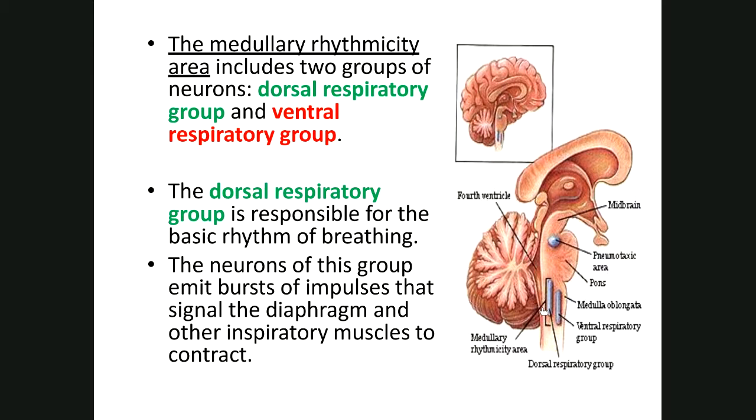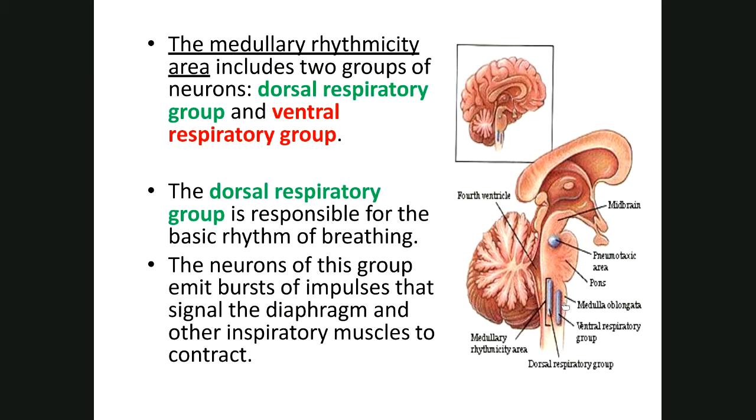While the ventral group is the group used under stress while we are in physical activity, and this ventral group will be responsible for the accessory muscles that were mentioned before. We have mentioned the sternocleidomastoid, the scalene, pectoralis minor, the abdominal recti, the internal intercostalis, those accessory muscles; they will be contracting in response to the ventral respiratory group.